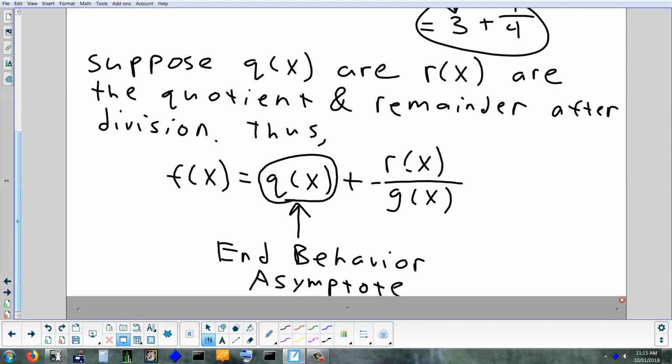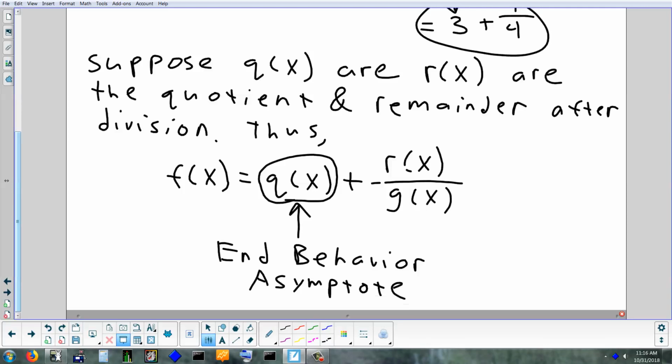So you already know how to find the quotient. It's doing something we did last week. It's just doing out long division. It's just now I'm not calling it the quotient anymore. I'm going to call it the end behavior asymptote. Okay.